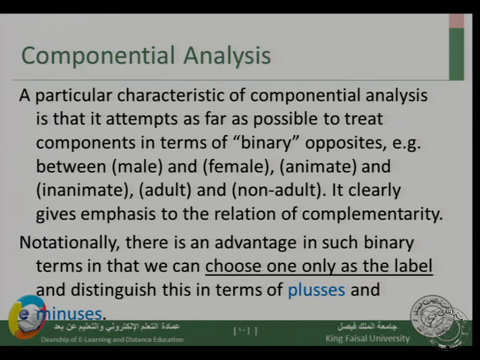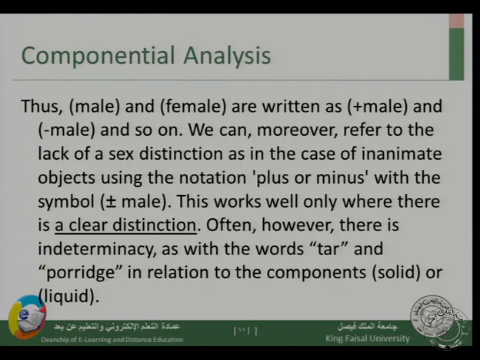So in the case, for example, of male and female, we choose one of these labels. We choose male, for example, and then we use plus if it is male, minus if it is female, as we see in this next slide. So male and female are written as plus male and minus male, and so on. So plus male is male, all right, minus male is female.